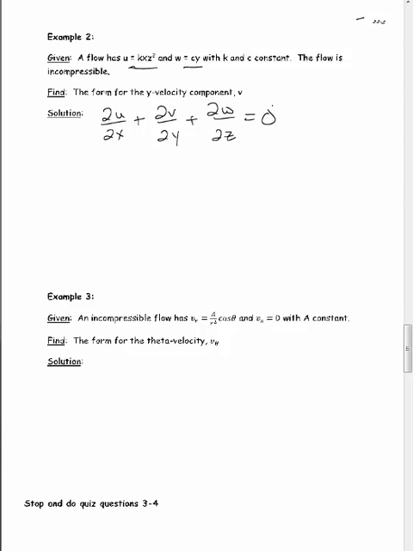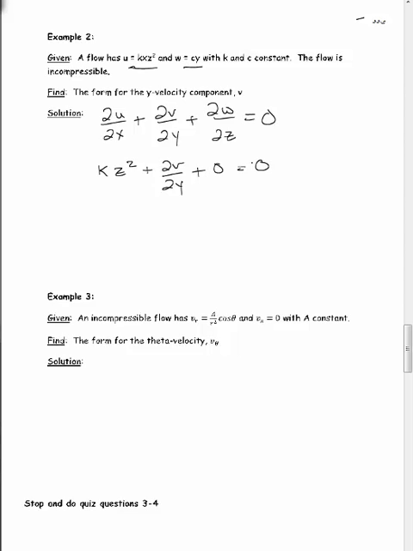So what we're going to do is plug in and then try to solve for v, because we don't know what v is at this point. So our du/dx is just k z squared, plus, well, we better leave dv/dy, plus dw/dz, well, there is no z in there, so that's 0.